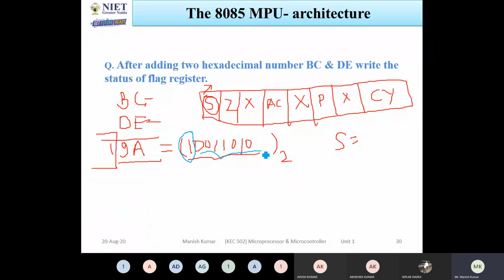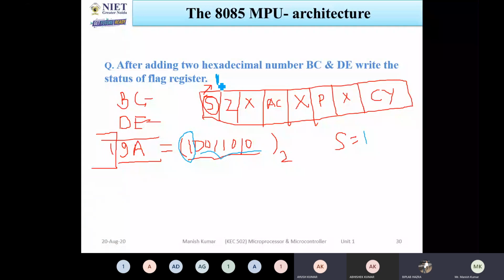Only 7 bits are considered for the value and 1 bit is considered for positive or negative. So if this is 1, this number is negative. So the sign flag is set, and in this case the sign flag will be 1.